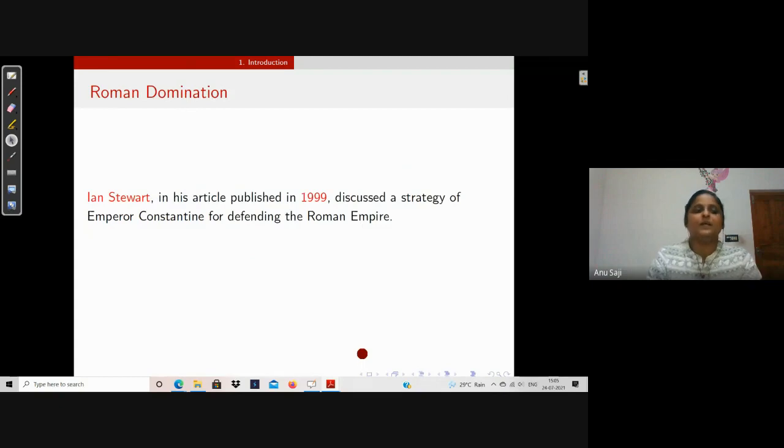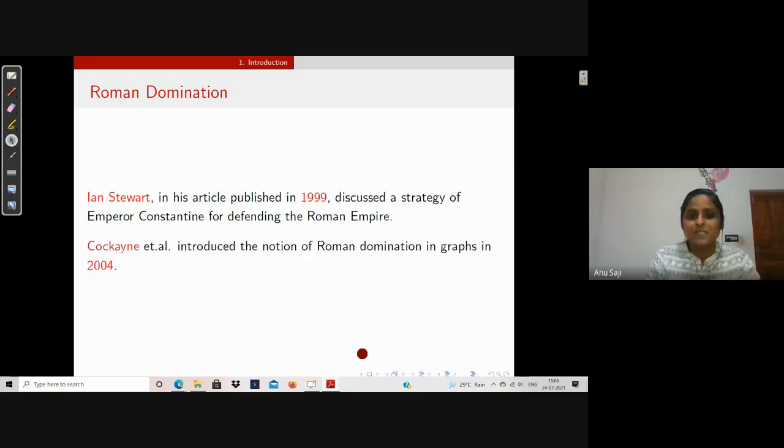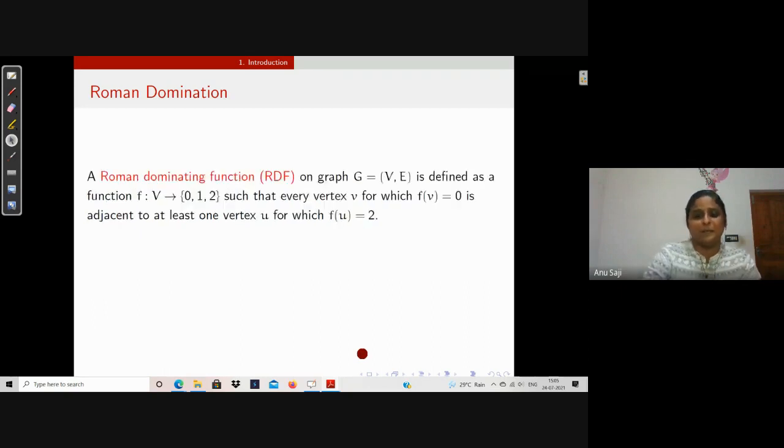Ian Stewart, in his article published in 1999, discussed a strategy of Emperor Constantine for defending the Roman Empire. Later, in 2004, this concept was introduced in graphs by Cockayne et al. I will give the mathematical definition for Roman domination.